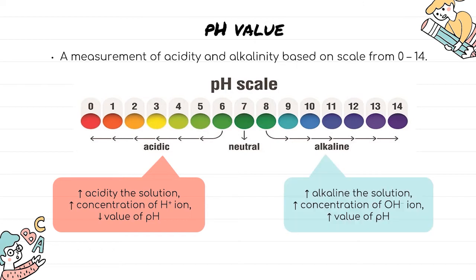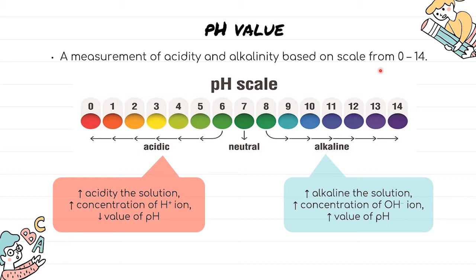And let's look at the alkaline. The more alkaline the solution, the higher the concentration of hydroxide ion and the higher the value of pH. For example, we have a substance with pH 10 and pH 14. It means pH 14 is more alkaline compared to pH 10 because it has a higher concentration of hydroxide ion.